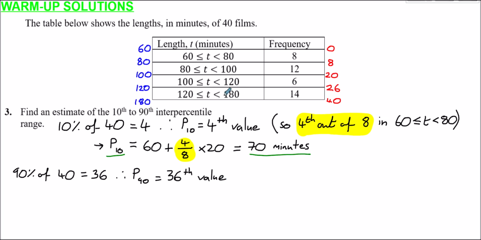This last class interval starts after the 26th value. If we want the 36th value, that's another 10 on top of 26. So this one here, the 36th value, is going to be the 10th value out of a total of 14 in the last interval. And that last interval is from 120 to 180.